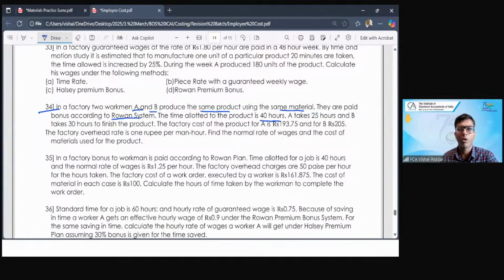Now the time allotted is standard, and time taken is actual. The time allotted for this work is 40 hours. A has done the work in 25 hours. B has done the work in 30 hours. So these are the time taken, that is actual time.